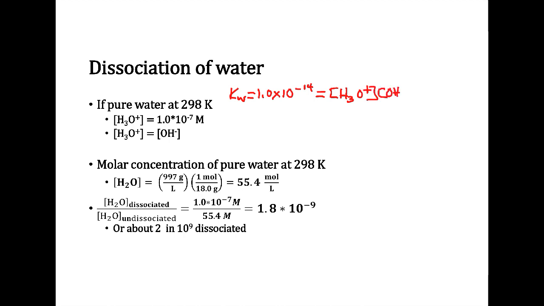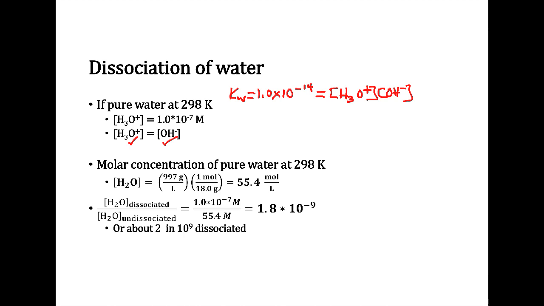For pure water, the concentration of H3O+ will be equal to the concentration of OH-. In this case, we usually don't account for water dissociating on its own. Whenever we're looking at different solutions and acids, we never account for the amount of hydronium contributed by the water because it's so small.